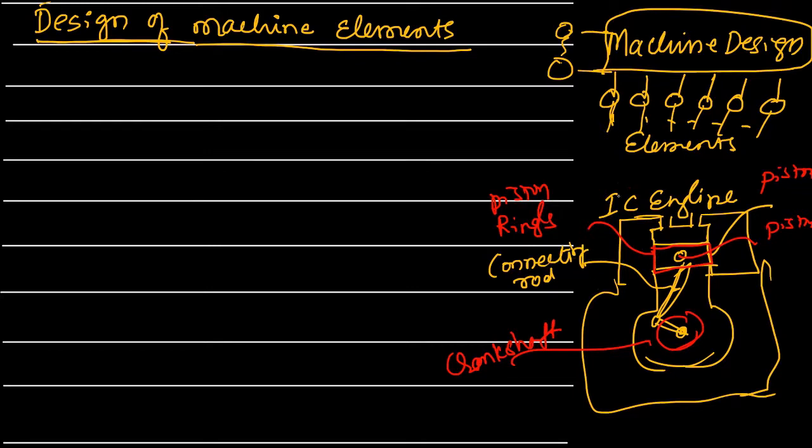Now in this case, the IC engine is a machine. The piston rings, connecting rod, crankshaft, piston head, and piston pin are all elements now.